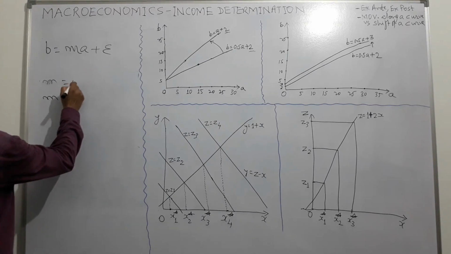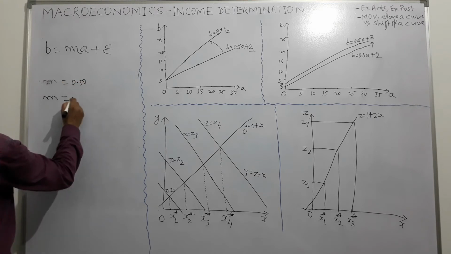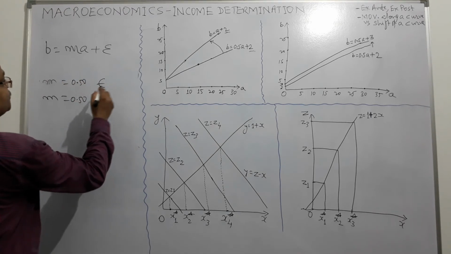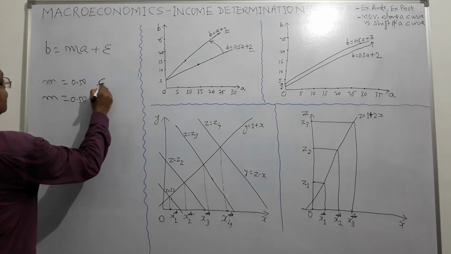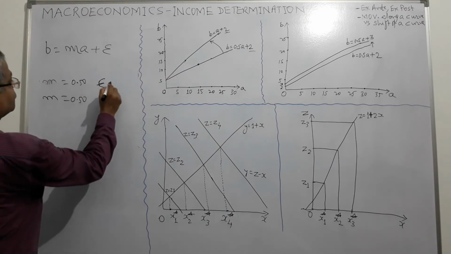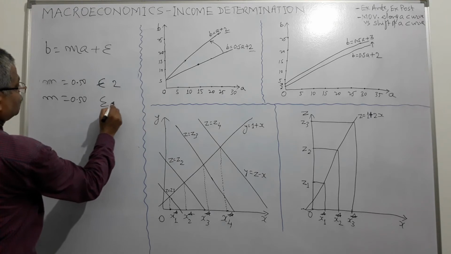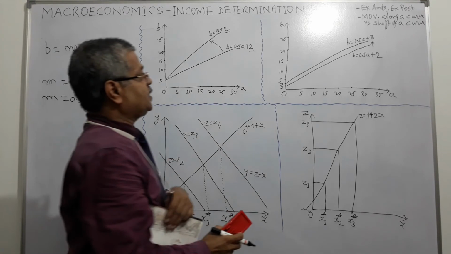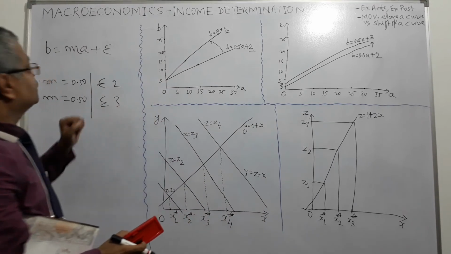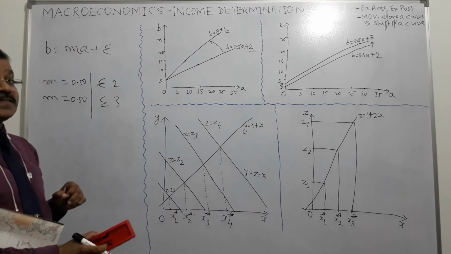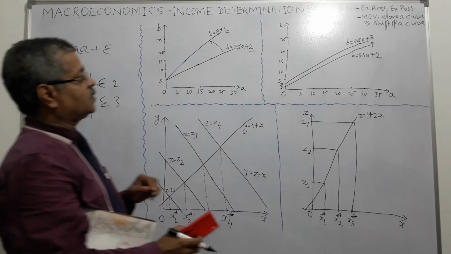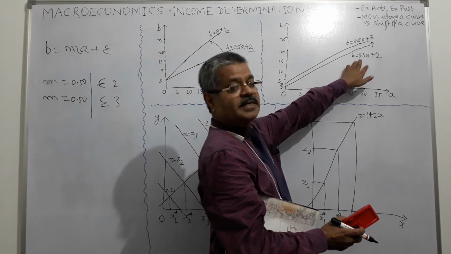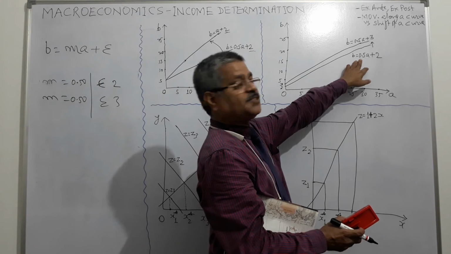M we have kept as constant at 0.5, and E we have changed from 2 to 3, right? So what happens then? You see, what is E? E is the vertical intercept. So here M, what is M? Slope of the straight line.